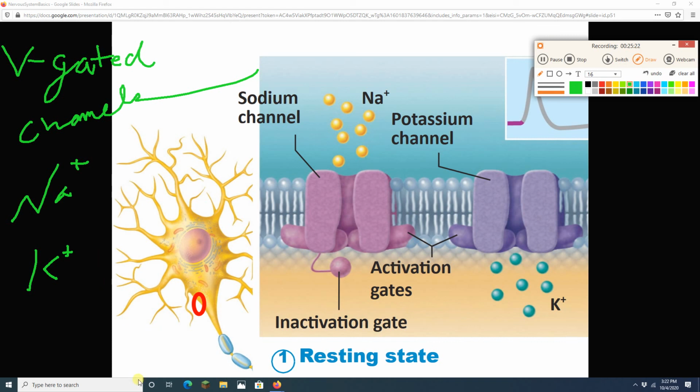So everywhere on the axon, I'm going to find my usual trio of membrane proteins, plus embedded in my membrane on my axon, I am going to find these two varieties of voltage-gated channels. Voltage-gated means that they will be open or closed depending on what the membrane potential is doing.